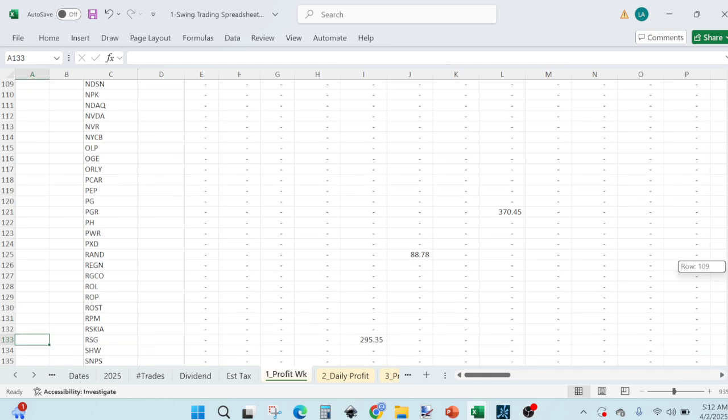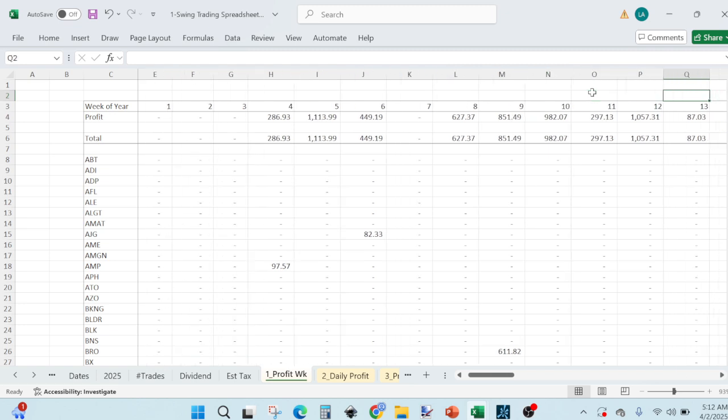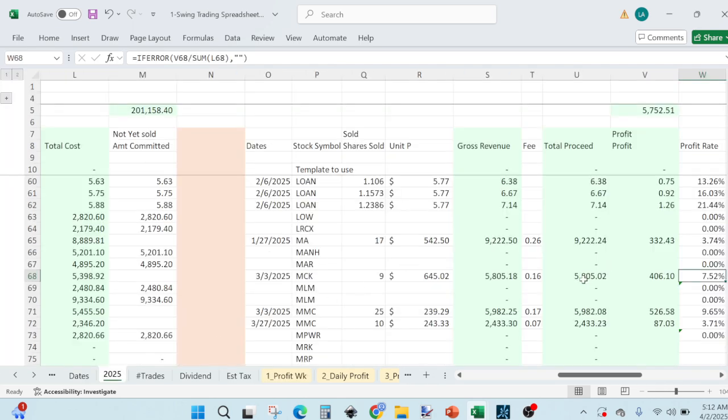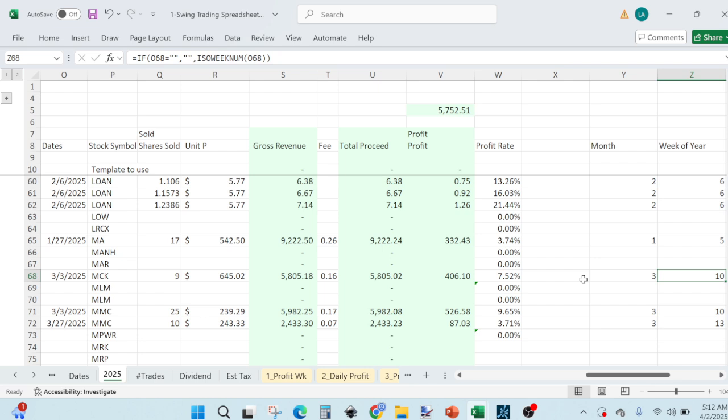See here, and that's something you can analyze as well if you want to analyze your weekly returns. Let me see what week 10.